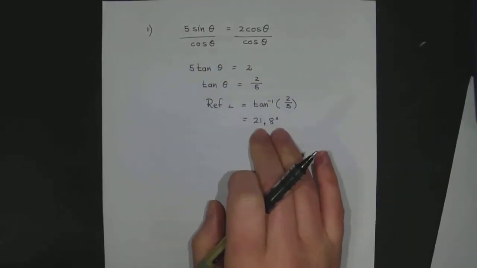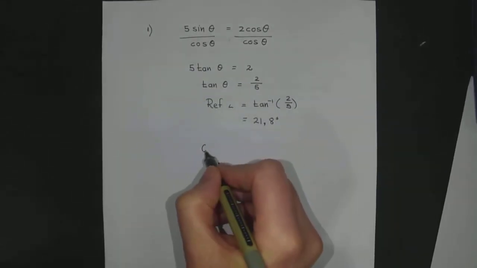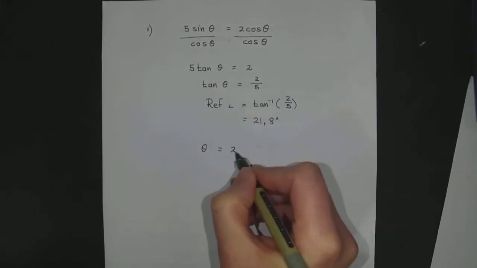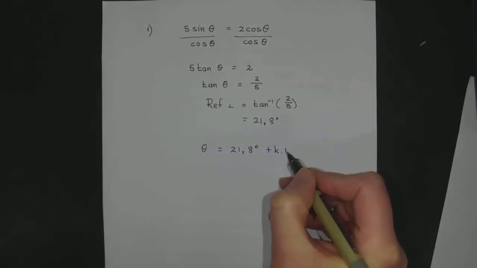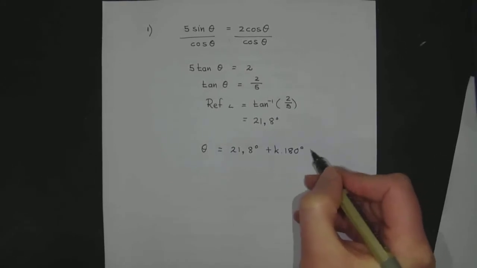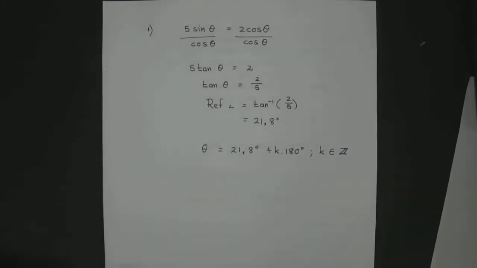And I can then put that into the general solution for tan. So the general solution for tan just says theta is equal to the reference angle of 21,8 degrees plus k times 180, remembering somewhere on the page to mention that k is an element of the integers, so you don't get penalized for forgetting about that.